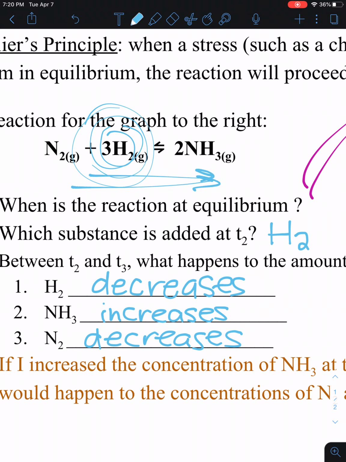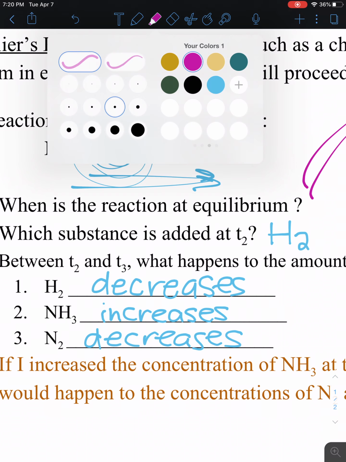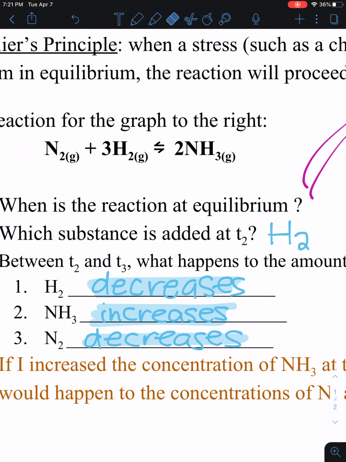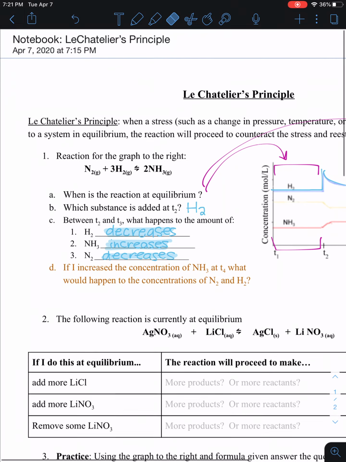So we would expect the amount of NH3 to go up, and look what happens: it increases. Also, if the reaction shifts to the right, then the amount of N2 and H2 left should go down. So those three answers below match with what we discussed earlier, the response to a stress.